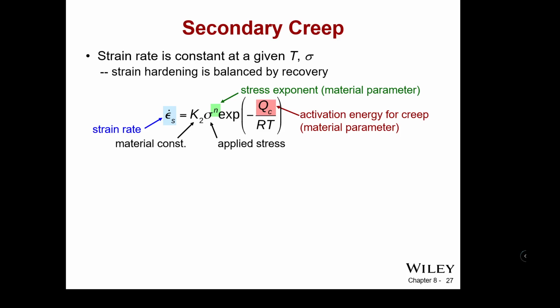to design something. So you have some sort of material constant, you have a stress exponent that's dependent on the specific material, whether it's a steel, a titanium, some kind of alloy, that's going to vary widely. You have the applied stress, and you have the exponential factor that has to do with the activation energy for creep. So that's, again, material dependent, divided by RT, the gas constant, times temperature.